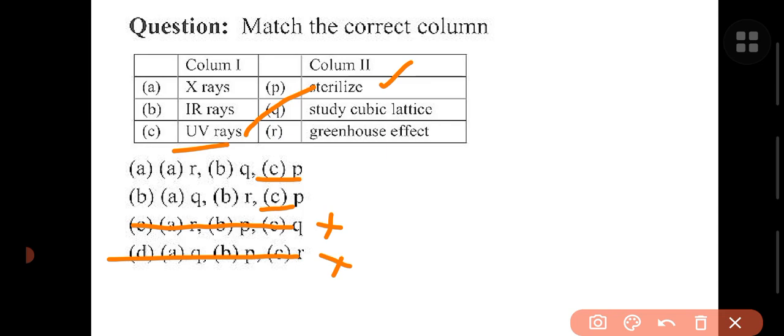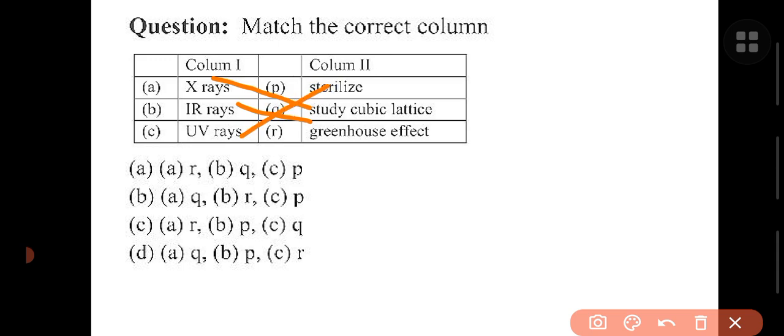IR rays, for example X-rays. When we are X-raying an object, we are going to study the cubic lattice. X-rays are used to study the cubic lattice. That's for sure. And IR rays affect the greenhouse effect.